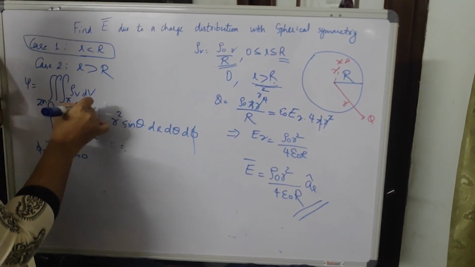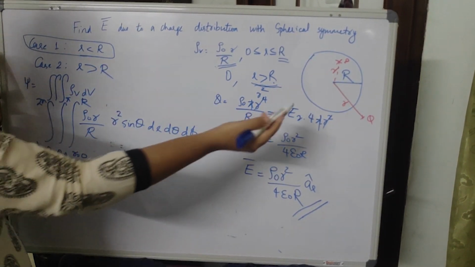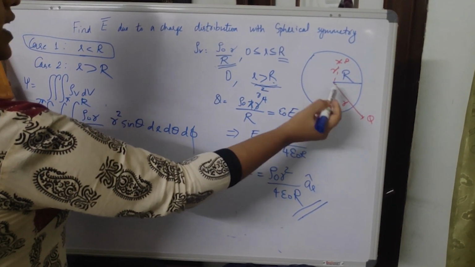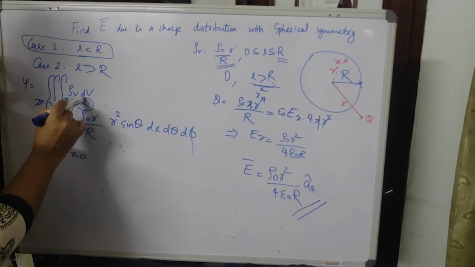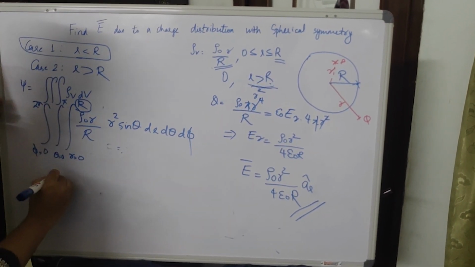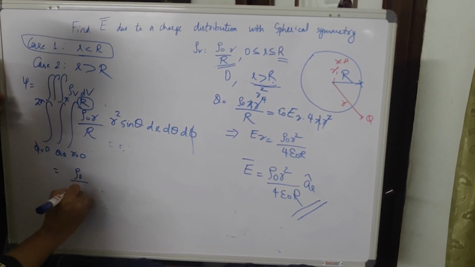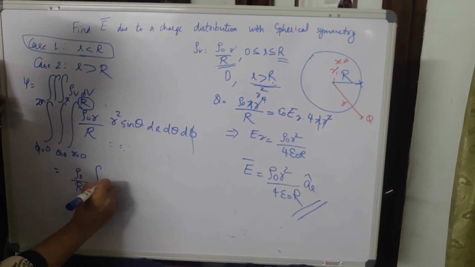In the last case it was small r because it was within the radius capital R, but here, as it is outside capital R, the charge is only there till capital R. So here you are taking the limit as capital R. That is the only difference. And you are integrating, just like the last case, rho naught by capital R into the integral of r cube.